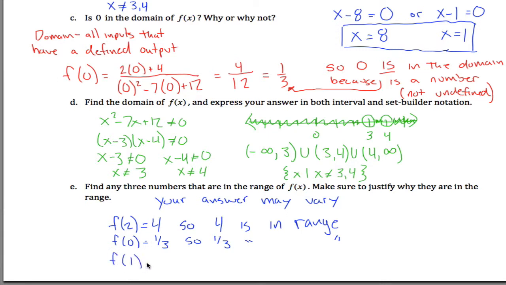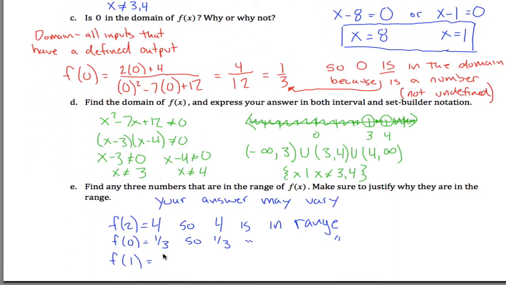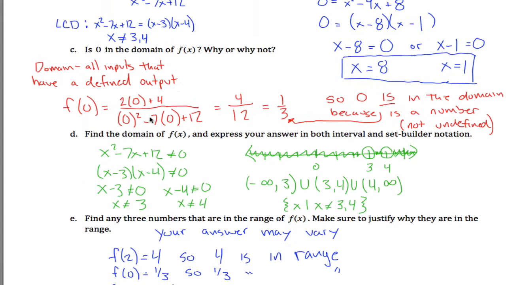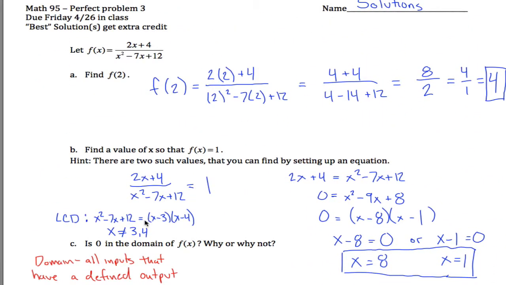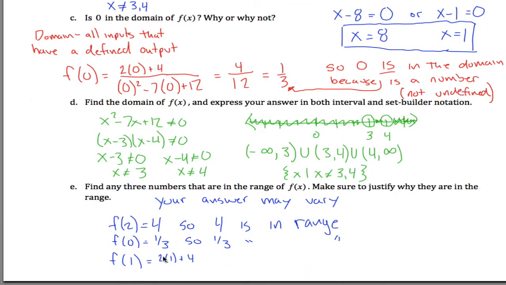Maybe f of 1. 1's an easy number to deal with. What I would do is I would plug that into my function. It's 2 times x, but x is 1 now, plus 4, divided by x squared minus 7x plus 12.